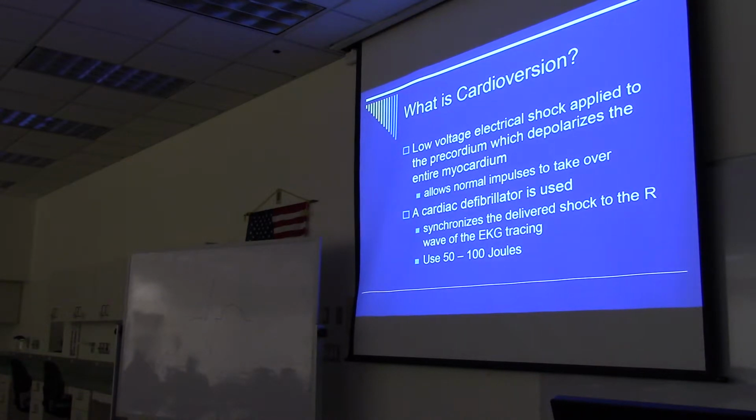All right, what is cardioversion? It's a low voltage electrical shock applied to the precordium, which depolarizes the entire myocardium. And after you depolarize the myocardium, it'll allow normal impulses to take over.